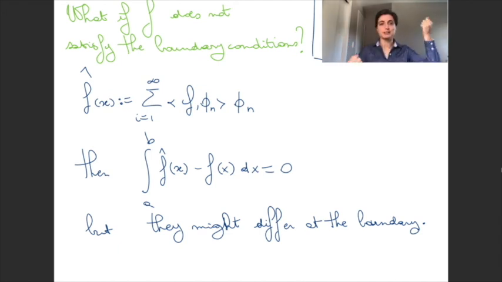But f does not satisfy the boundary conditions, while f hat kind of needs to satisfy them. What it means is that f and f hat, where f hat is the rewriting of f as a sum of an orthonormal basis that satisfies some boundary conditions while f doesn't, are the same everywhere except at the boundary.